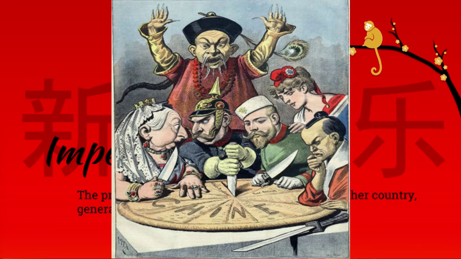This is meant to be degrading to the Chinese, and it was really showing how they had no control over what was going on, because you can see that they're standing in the background, hands raised, yelling, "Stop," presumably. And the other countries, the larger empires and those with power, are completely ignoring him and just taking what they want. And that's going to be a running theme throughout this entire section of Chinese imperialism.